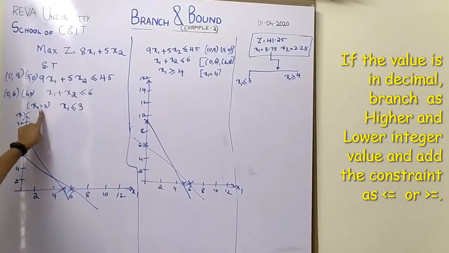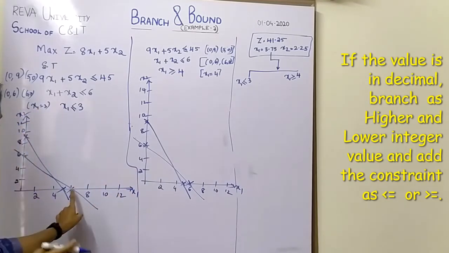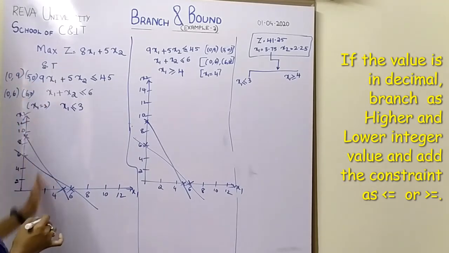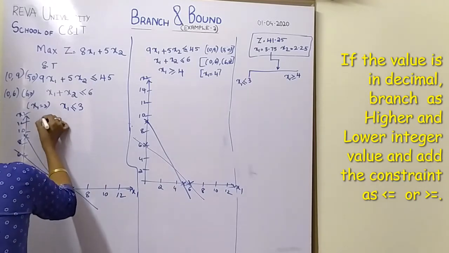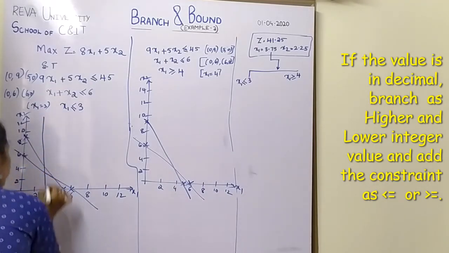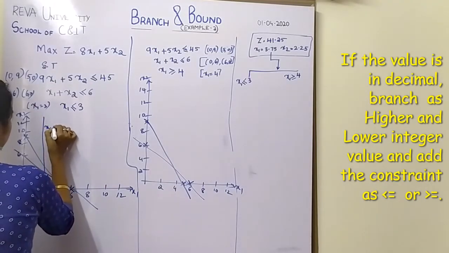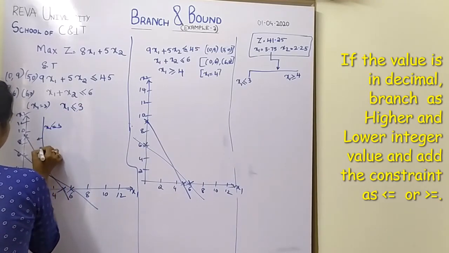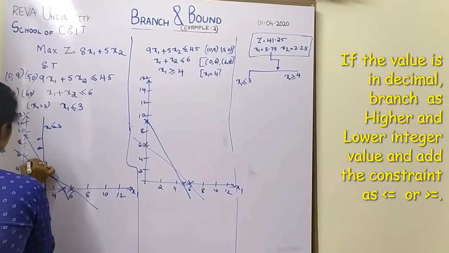Okay. x1 is equal to 3. Equal to 3 indicates it's parallel to the other axis. So x1 is equal to 3. And what is the constraint? It should be less than, so your feasible region is within this.